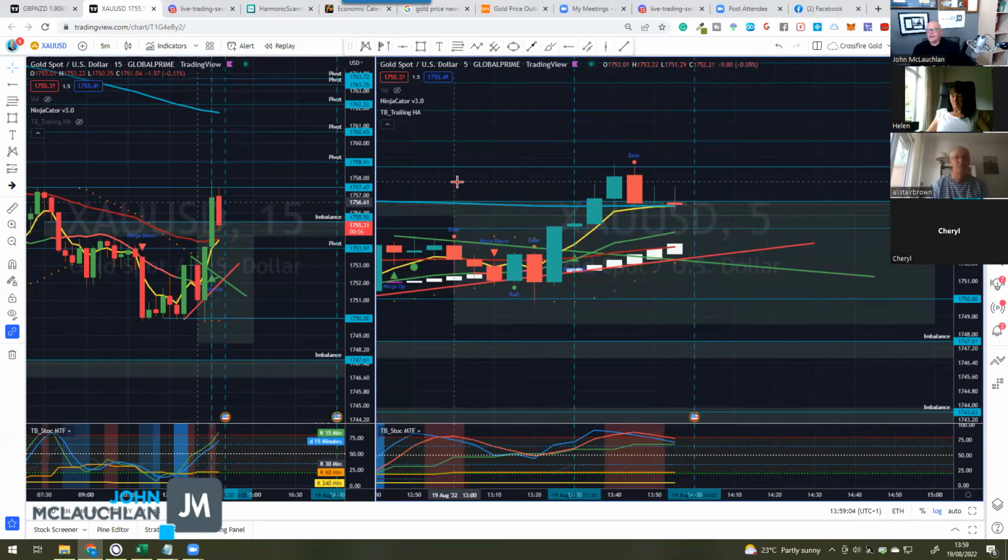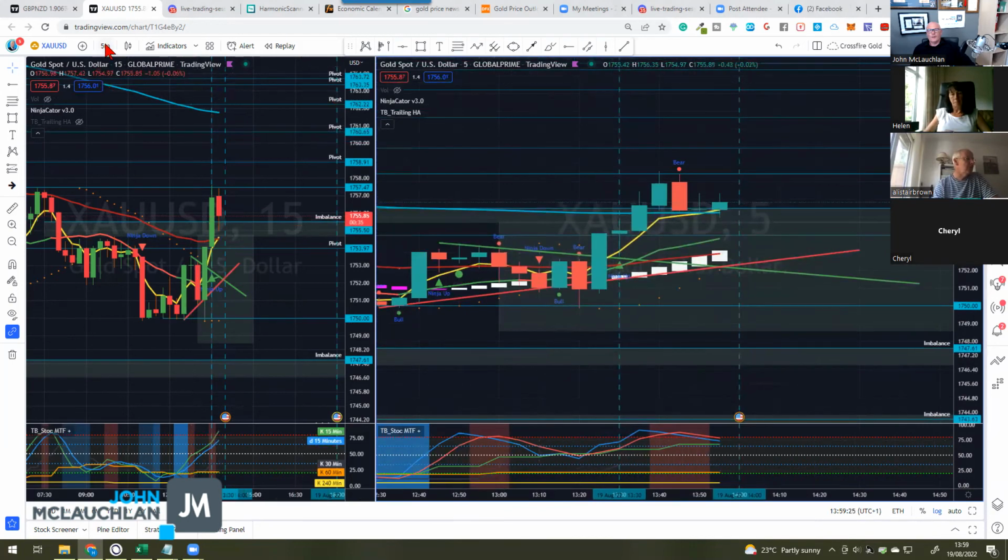What I would do as well, when you put something like this on, is never go into a live trade. Always use a demo account. And one thing that we've been doing as well is testing the Smooth Heikin-Ashi with the 1 minute time frame.